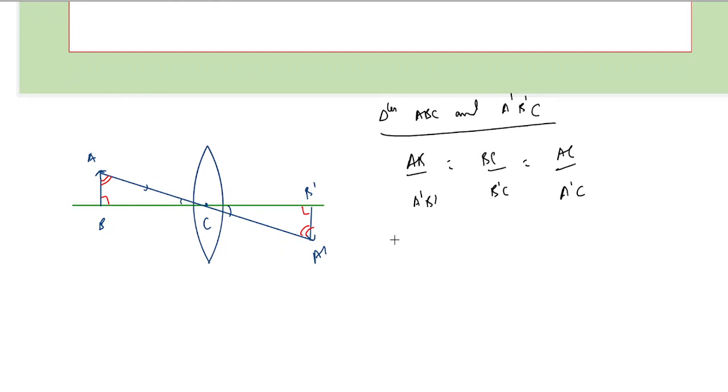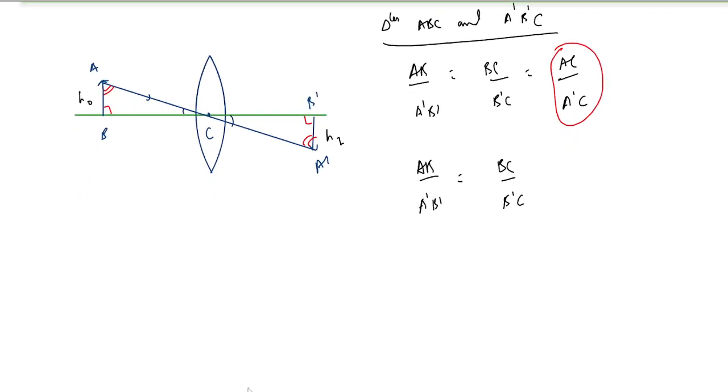So here we have three different equations in one equation form. Out of these three, we'll take any one relationship. As we saw in case of spherical mirrors, we drop the term which contains the hypotenuse. So we drop this term, and what remains here would be AB by A dash B dash is equal to BC by B dash C. Now AB would be height of the object and A dash B dash is height of the image.